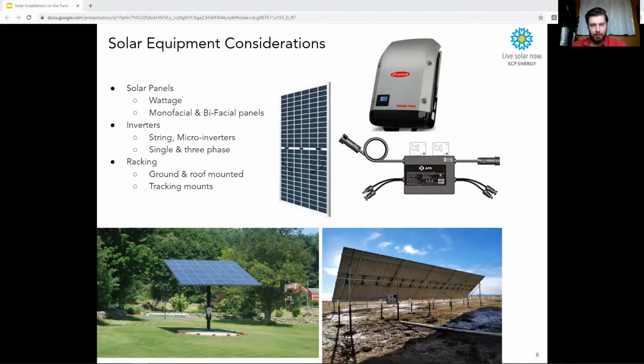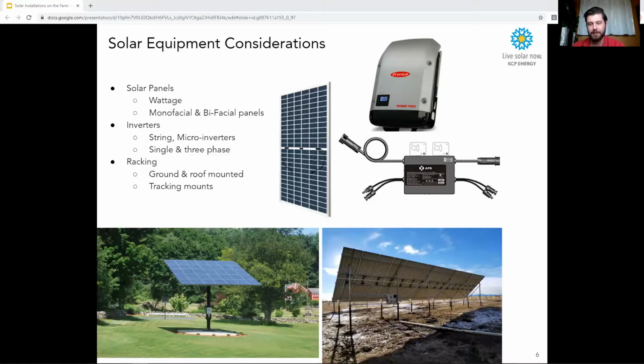The other main component is the inverter system. Inverter systems come in a variety of different sizes and voltages depending on what the site uses for power. Most farms are going to be single phase power, so 240, 120 volt split phase.